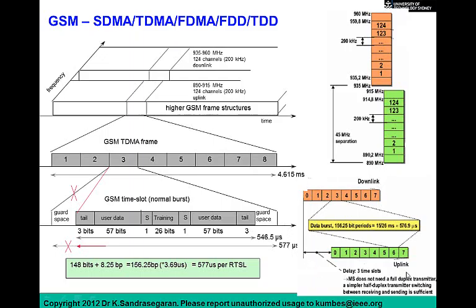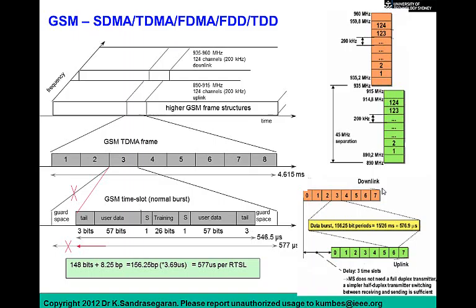The diagram at the bottom says that even in time we separate the uplink and the downlink transmission. Now you might ask yourself, why do we need this separation in time? Well, imagine that you are transmitting on time slot 1, so you'll be allocated time slot 1 on one frequency, and you'll be allocated the same time slot 1 on the corresponding downlink frequency. So it's not possible for you to transmit and receive at the same time.